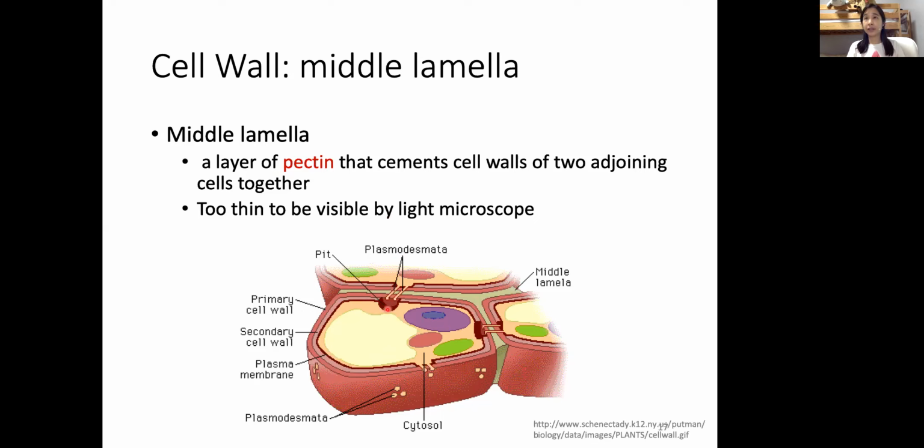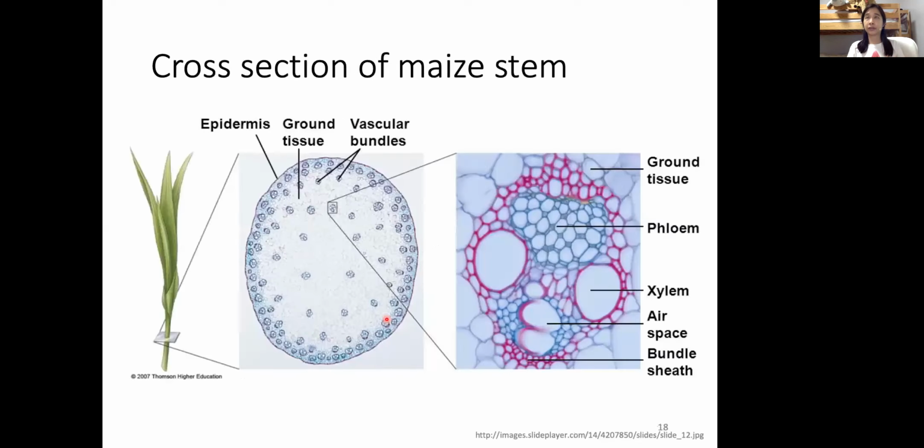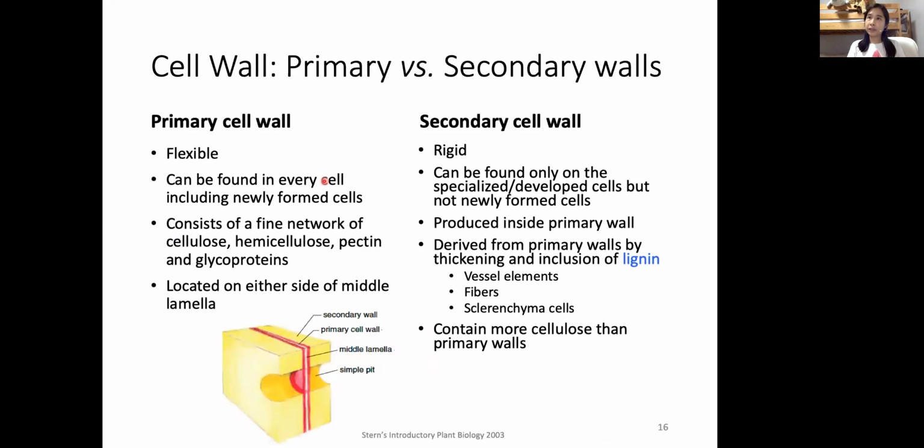There is another feature called plasmodesmata. It's just a passage between the plant cells. So this is the cross section of the maize or corn stem. I forgot to mention, the primary cell wall is more flexible and the secondary cell wall is more rigid.